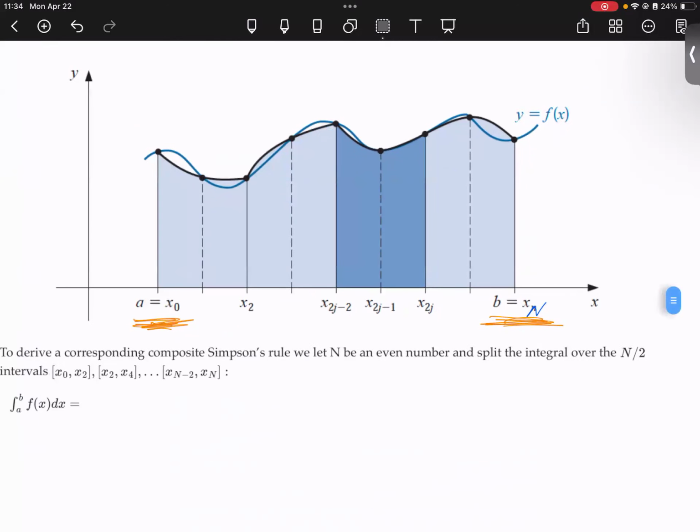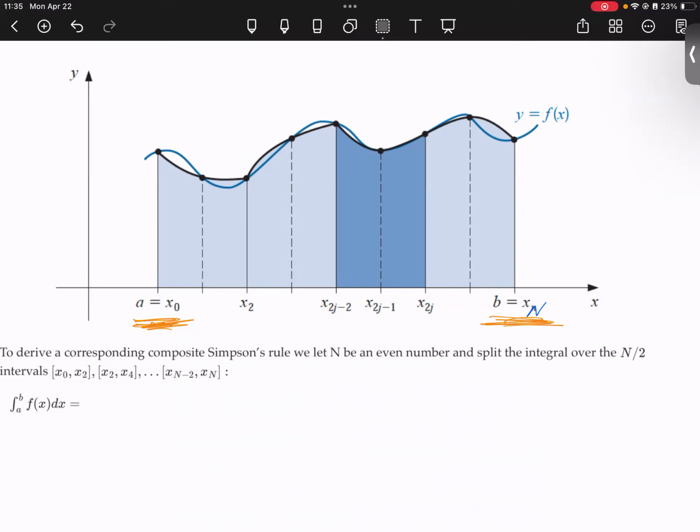I'm going to divide this interval a to b into n subintervals, and then apply the Simpson's rule here. If you take a look at the blue line, this is the actual f function, and then this line here is approximated by the Lagrange polynomial with 3 points, the middle point and the 2 end points.